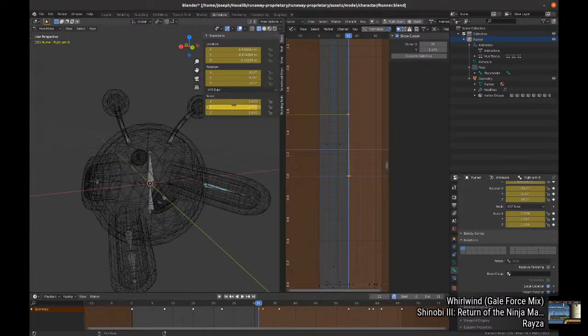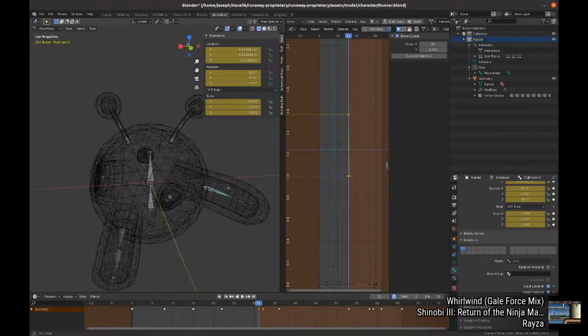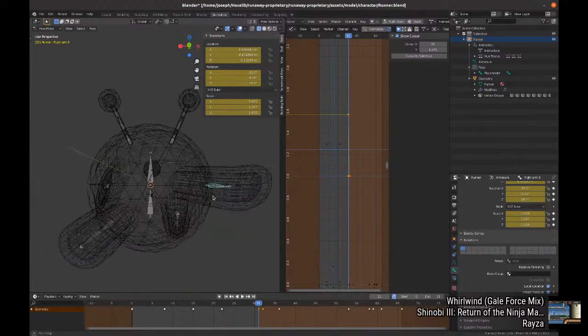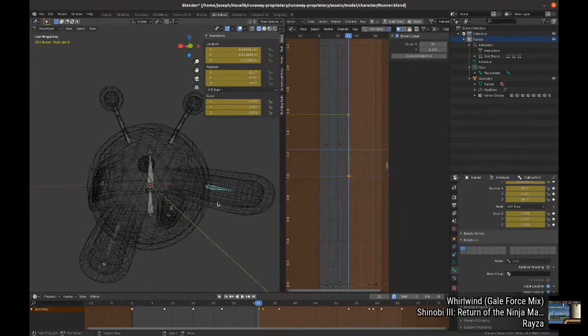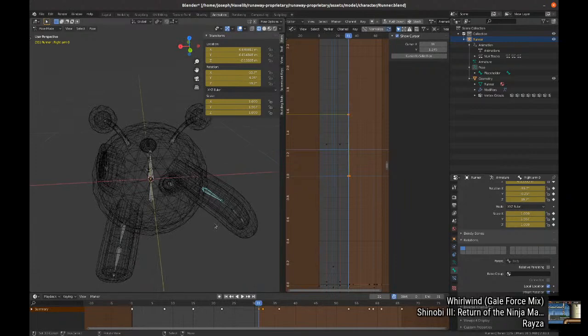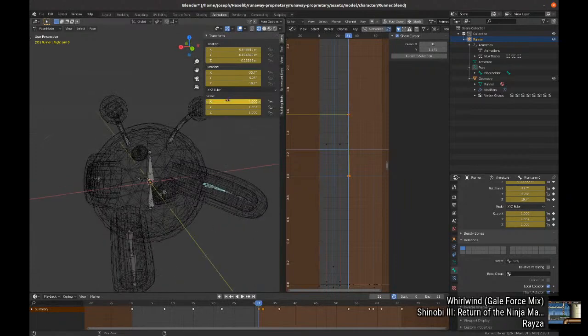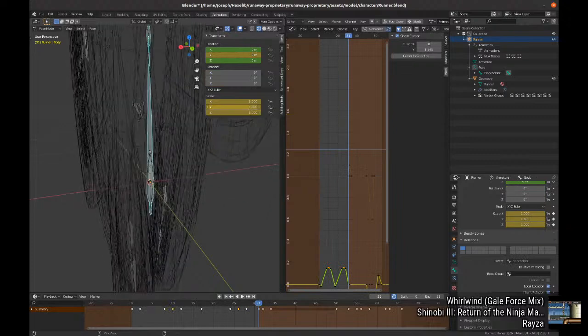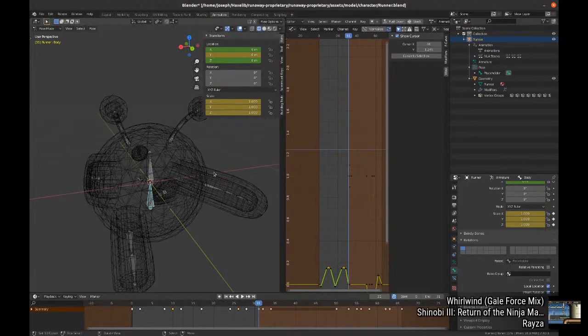And X, Y, Z are in fact correct. Now that I've confirmed that, what's going on here is that it's the rotation.